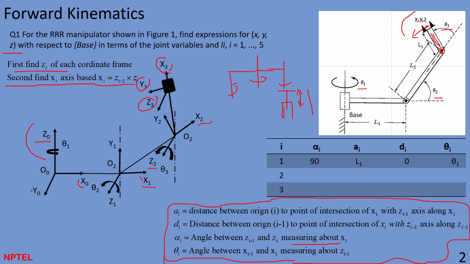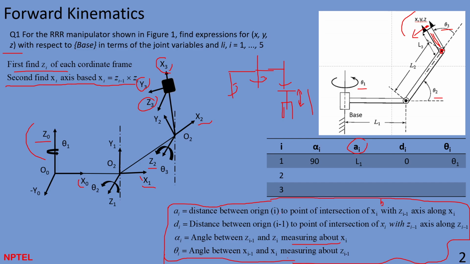Okay, and now what is ai? ai is basically the link length. So it is the distance between origin i to the point of intersection of xi and z(i-1). This is basically the B your professor was talking about, but instead of B, I have written it like this.